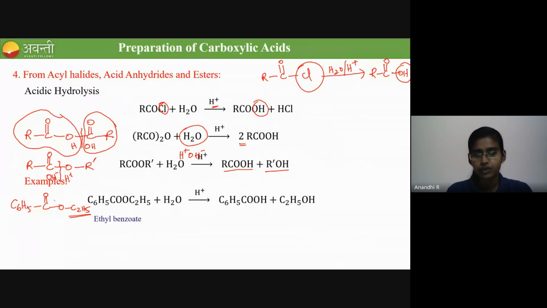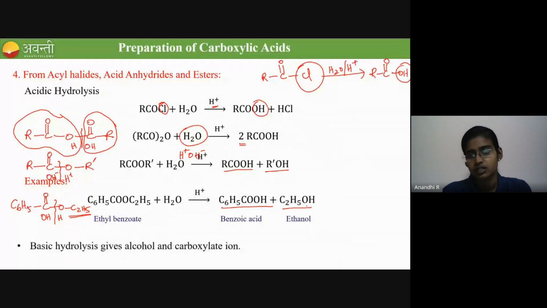What do we have to do? Break this bond, add OH here and H here. So what are we getting? We are getting benzoic acid and ethanol. Basic hydrolysis gives alcohol and carboxylate ion.